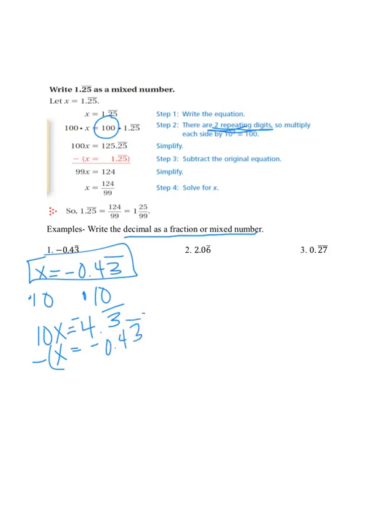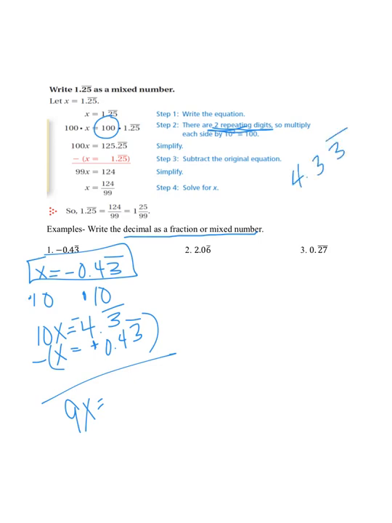0.43 repeating. Okay, so when you do that, you're almost like distributing that negative. So when you subtract, this actually becomes a positive. And you're going to get 10x minus x gives me 9x equals, and then you have negative 4.3 repeating plus that 0.43. And I'm going to show you over here again. So that looks like this.